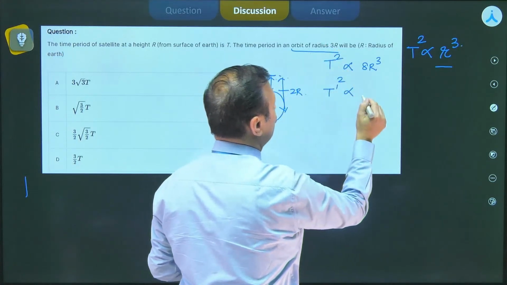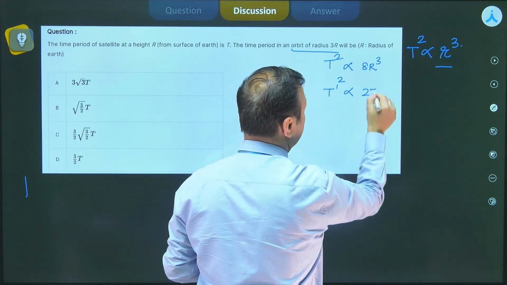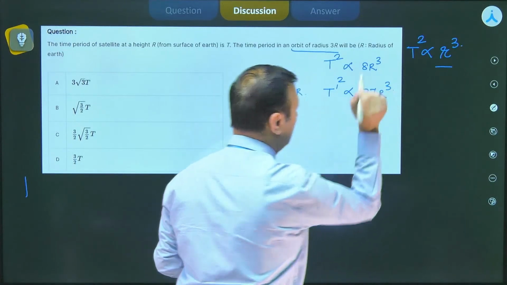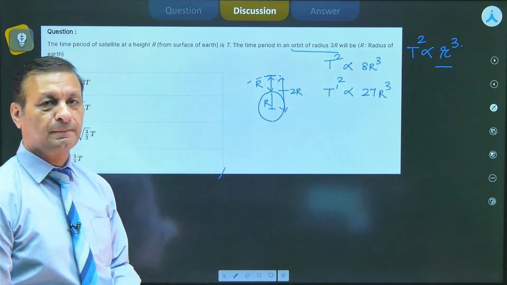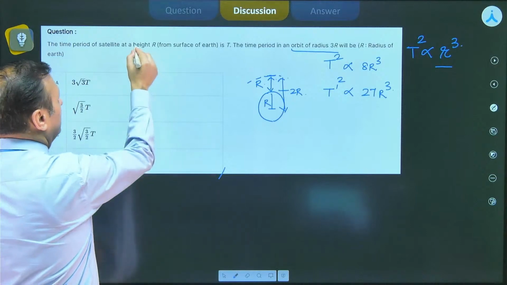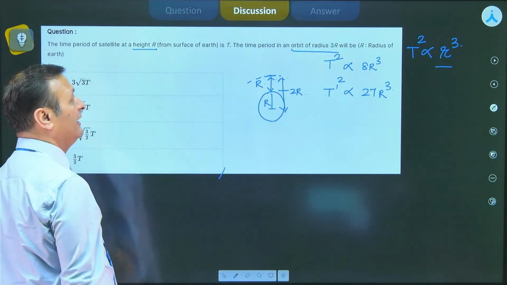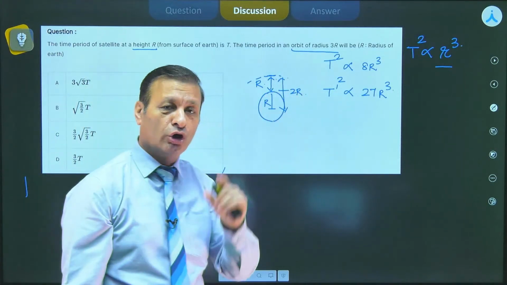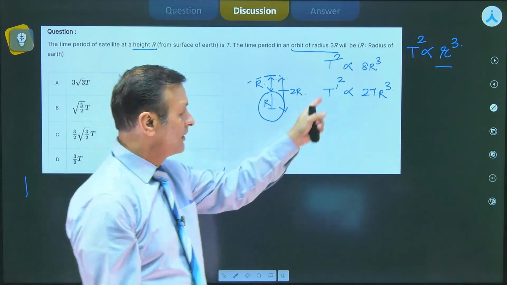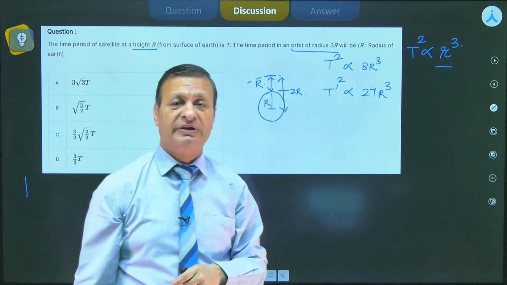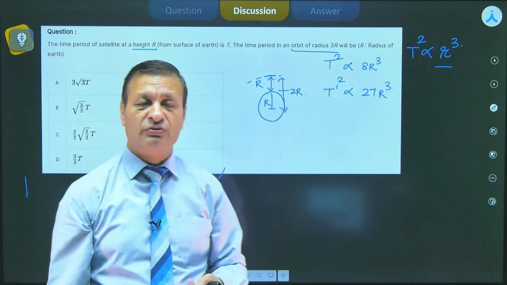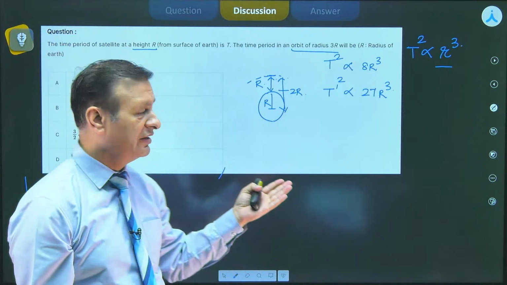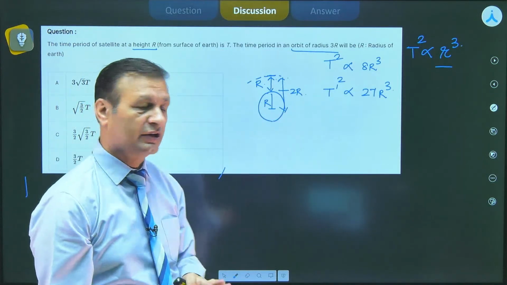When you take the cube of this, that would give you 27r cube only. So when height is given from the surface, we have understood how to define the orbital radius. And when it is directly the orbital radius, it is clearly understood as 3r. So this is 27r cube.